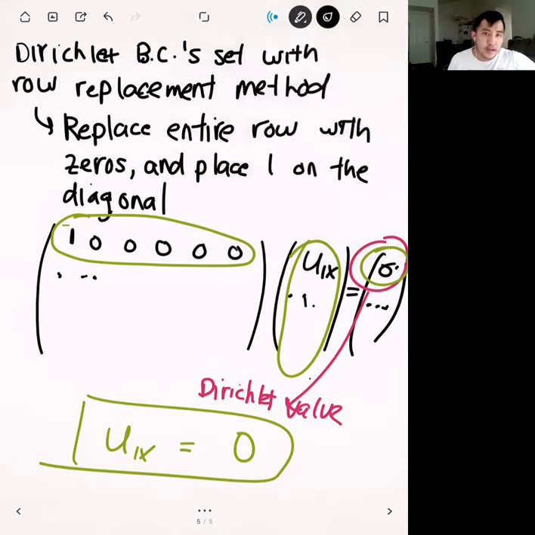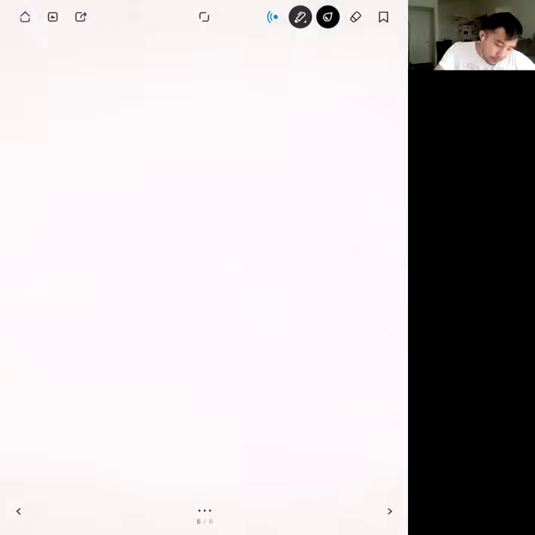We talked briefly at the end of the frame equation notes about the row deletion method, so just deleting these rows and columns. If you want to do that for these kinds of problems, you're definitely free to do so. Again, just make sure you show me all your work in doing that. Okay.